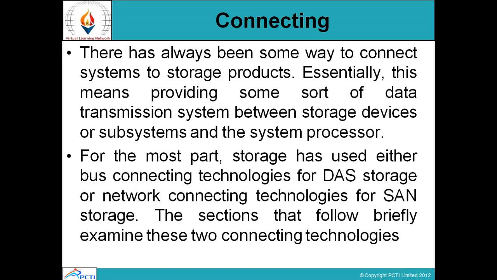Fiber channel network technology is the most common connecting technology used for the SAN, and the most recent connecting technology is iSCSI, the small computer system interface implemented on top of TCP/IP and running on a physical network that supports TCP/IP, an Ethernet network. These are the four most common ways of connecting the system.